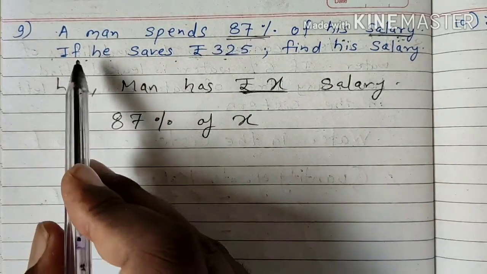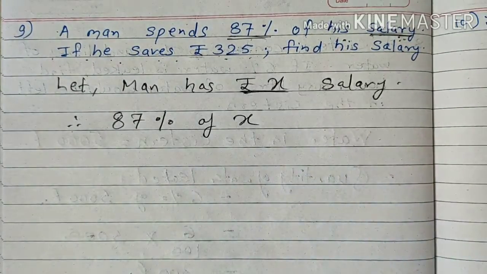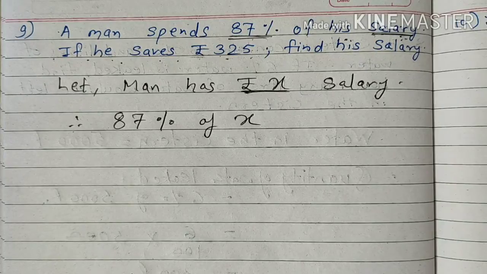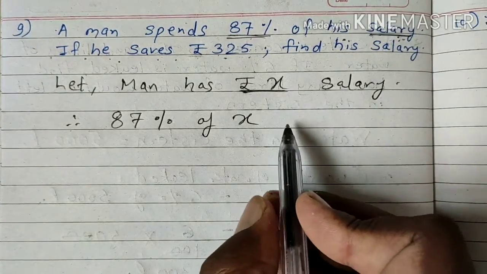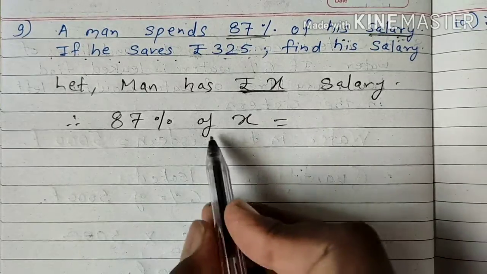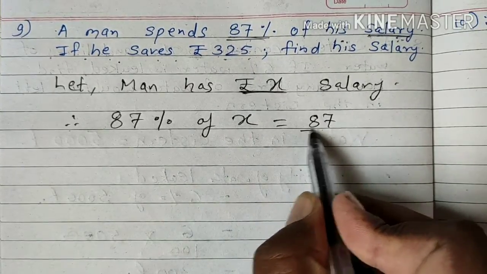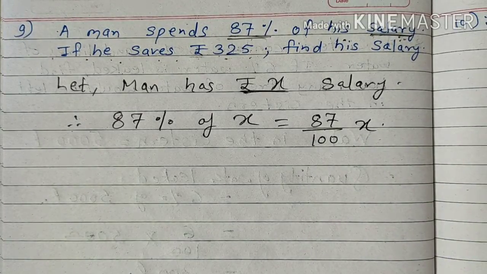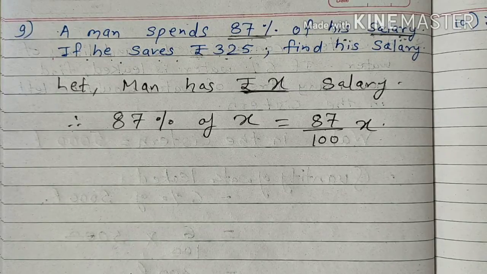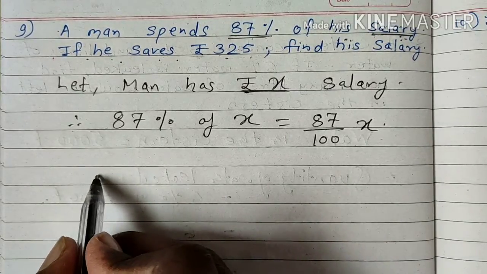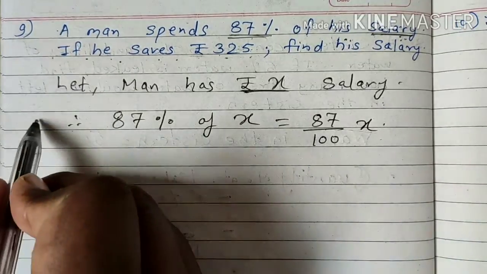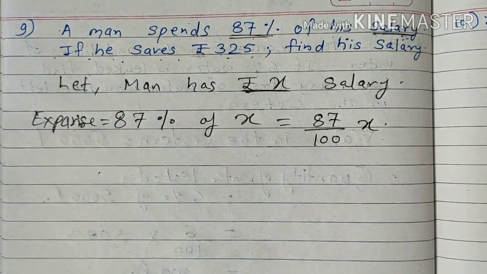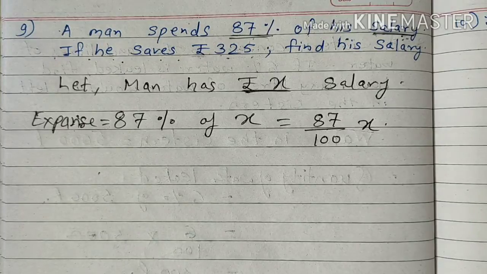X. If he saves rupees 325, so 87% of X is the expenditure, correct? This is the expenditure. So can we write it in this way? 87% of X. Understood? This is the expenditure. Is that clear? Now in the question, we can also write it as expenses. Expense is 87% of X.